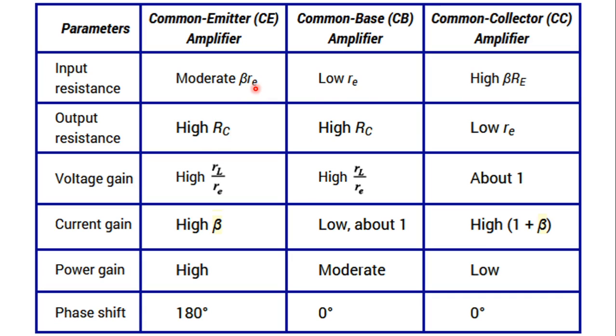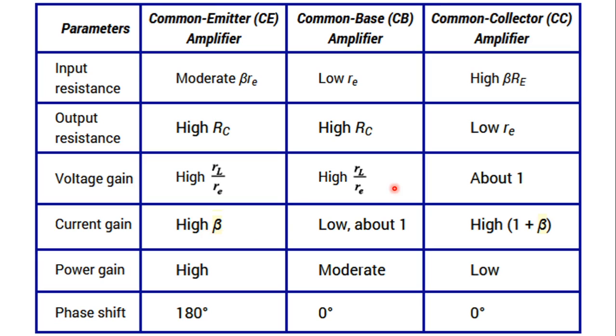Re is the resistance connected at the emitter terminal, Rc is the resistance connected at the collector terminal, small re is the thermal resistance, RL is the load resistance, and beta is the ratio between IC and IB.